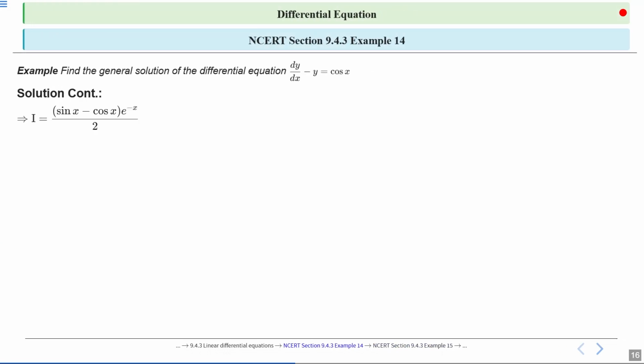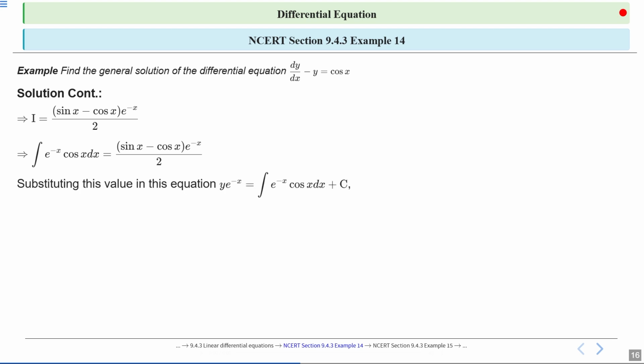So I is equal to sin x minus cos x into e to the power minus x by 2. That is, integration of e to the power minus x cos x dx is equal to sin x minus cos x into e to the power minus x by 2.